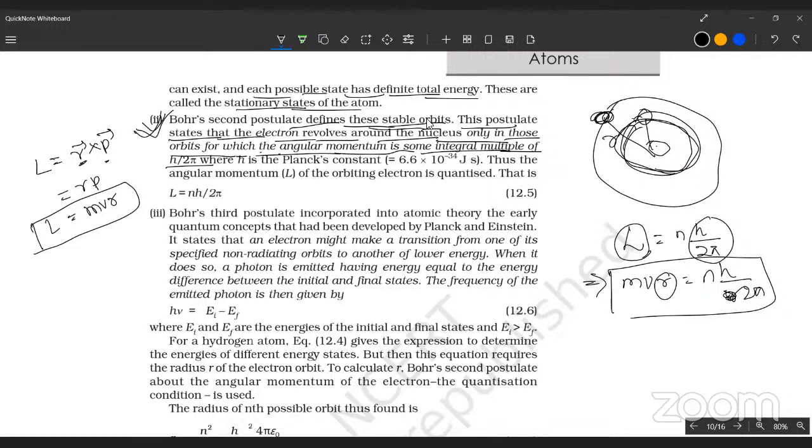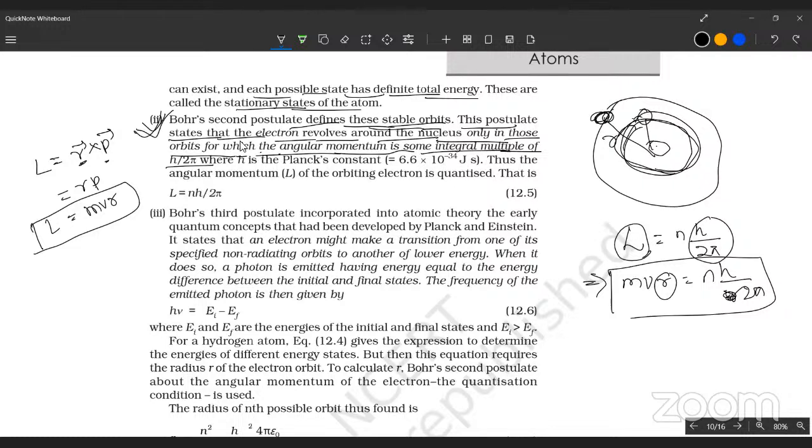The angular momentum of the electrons should satisfy nh by 2 pi, and from here we can calculate what the orbits will be for different energy levels where electrons can be found.